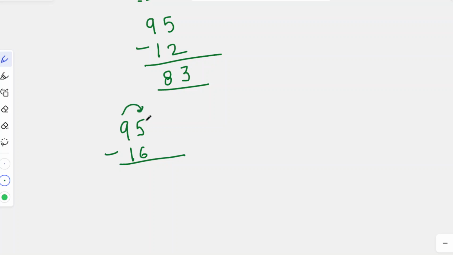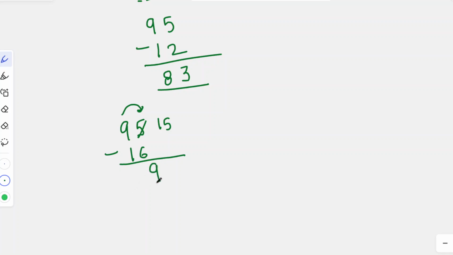Instead of 5 it becomes 15. Very often in a rush students do 5 plus 1, 6. No, it becomes 15. You add 10 to it, so it becomes 15. Now 15 minus 6 we can count on our fingers.